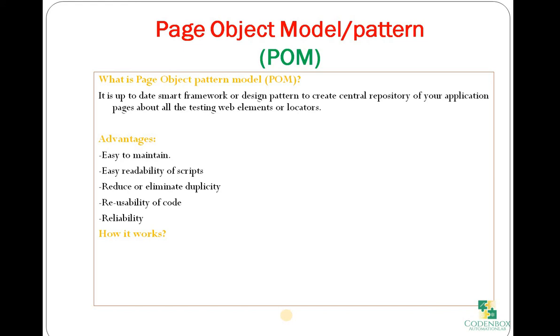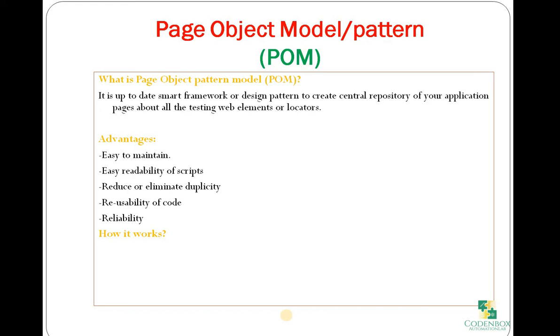So it's also easy to read because it's a central repository. In one place you will find all the web elements and locators. So if you need to change, you can go there. So it's easy to read for your script. It reduces duplicity, because again it's one element.